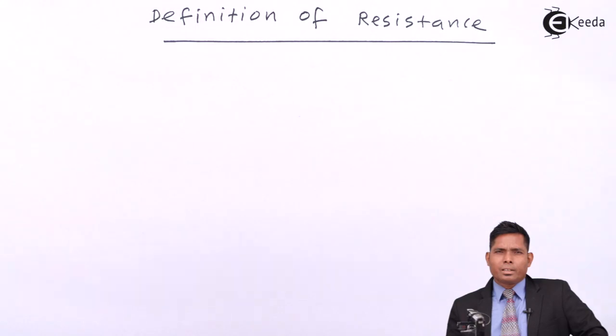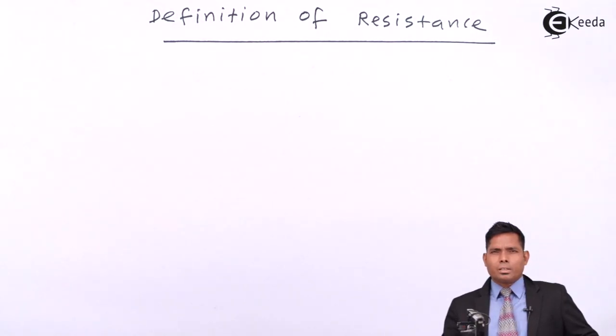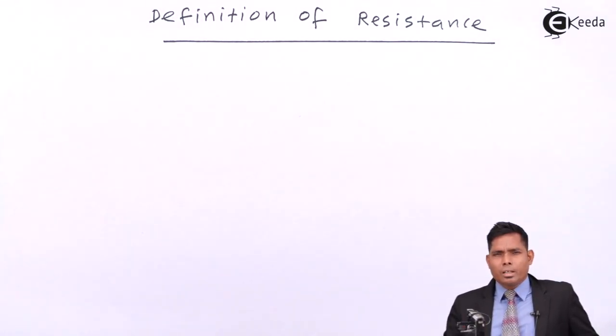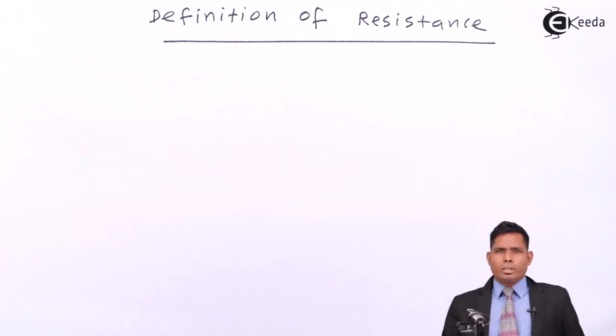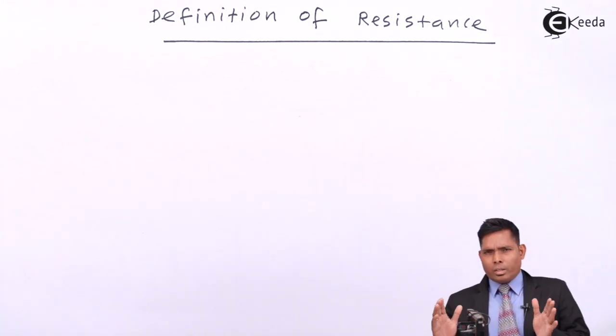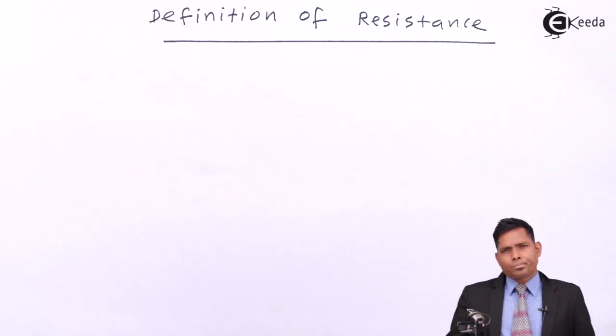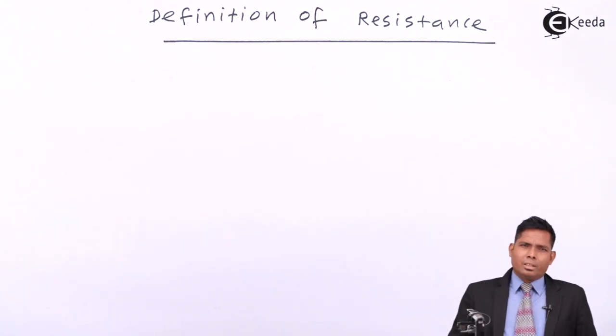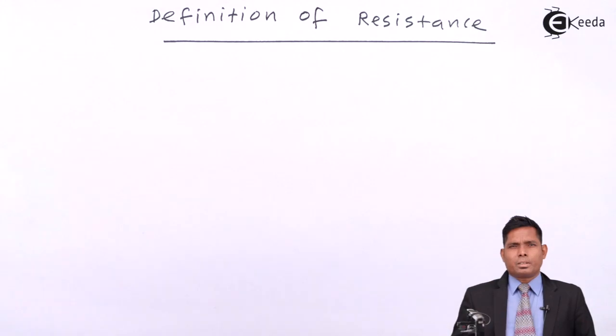So when a battery is connected, the battery is a device which maintains a potential difference across its two terminals. And if that battery is connected to the ends of the conductor, then the potential difference of the battery is given to the ends of the conductor. We neglect the resistance of the connecting wires.